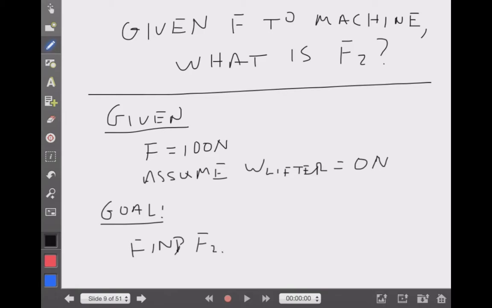So our goal for this problem, obviously, is to find F2 and what load the jack can take. If we're going to take action, we need to do two steps. One, determine the force, which I'm going to call F1, at the lever arm.